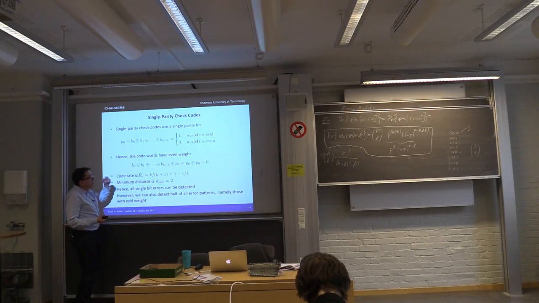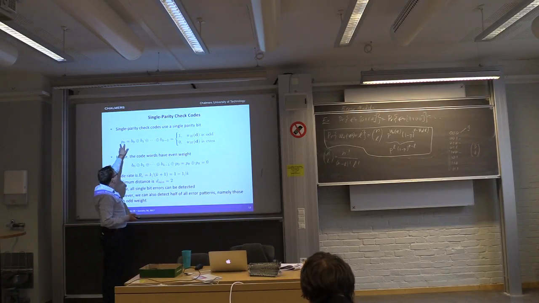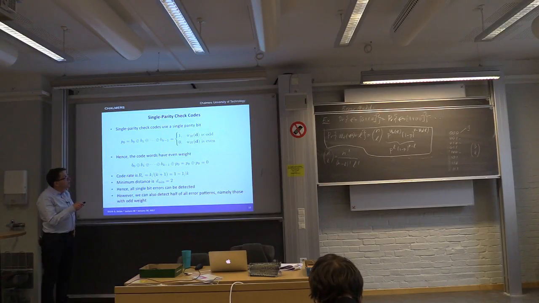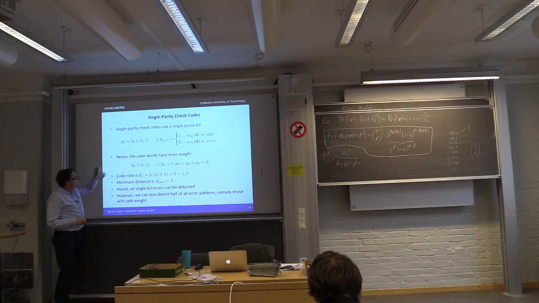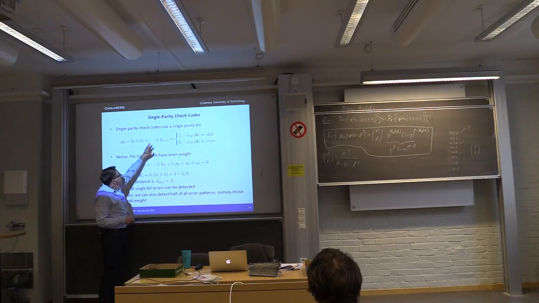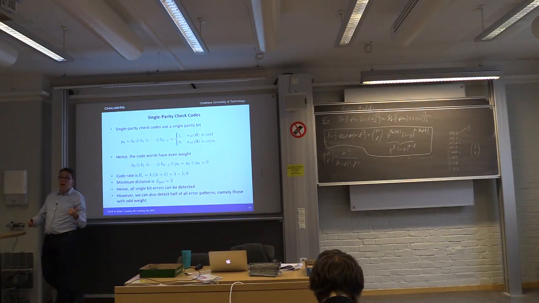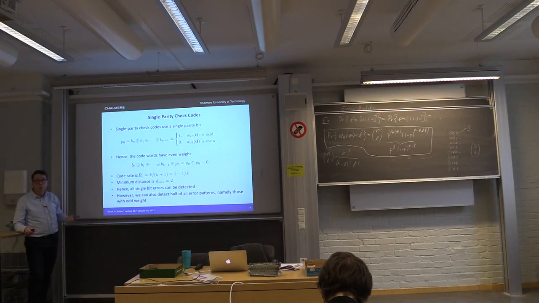Well, it's a systematic code in the sense that there is only one parity bit, and that is the modulo 2 sum of all the information bits. So this means that the parity bit is equal to 1 as long as there is an odd number of 1s in D, and it's 0 when there is an even number of 1s in D. So the code word, which consists of B0, B1 up to P0 here, always has an even number of 1s.